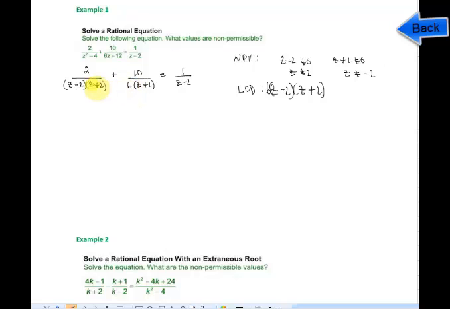All right, so now what we're going to do is take each part of this equation and multiply it by our LCD.